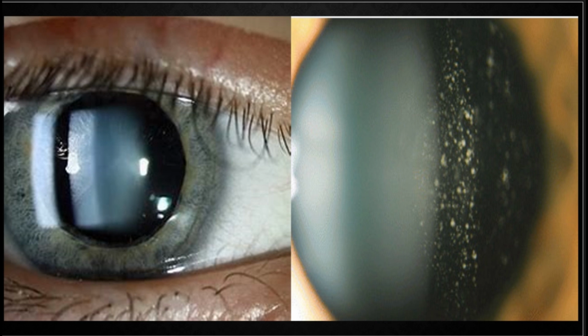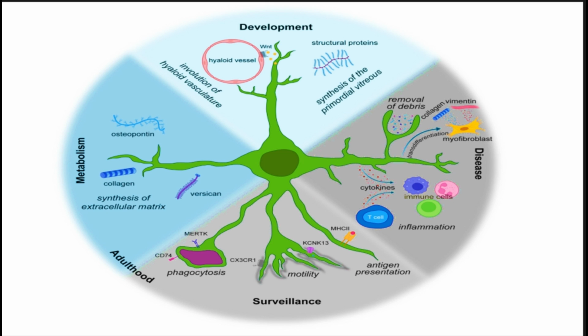Similarly over here, usually behind the lens you're not going to see any vitreous cells. However, here you can see a lot of vitreous cells behind the posterior surface of the lens.